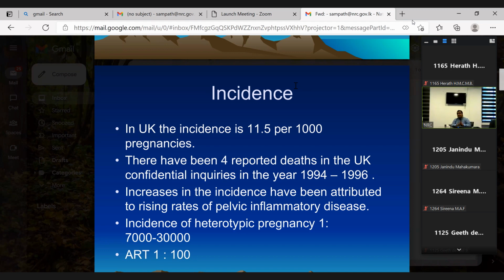Compared to 1 in 30,000, ART will give you 1 in 7,000, and up to 1 in 100 risk of ectopic pregnancy. In other words, if you treat a patient for subfertility and she becomes HCG positive, one has to seriously think whether the baby is in the correct position or not.